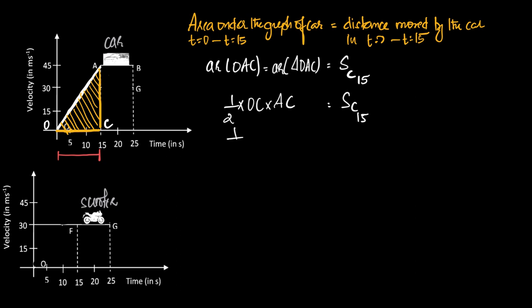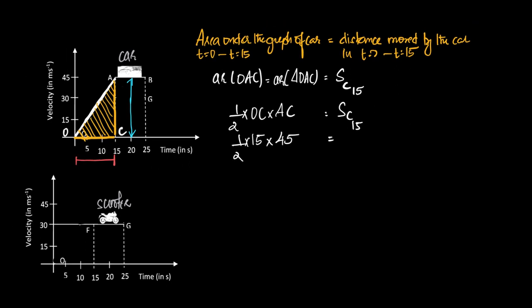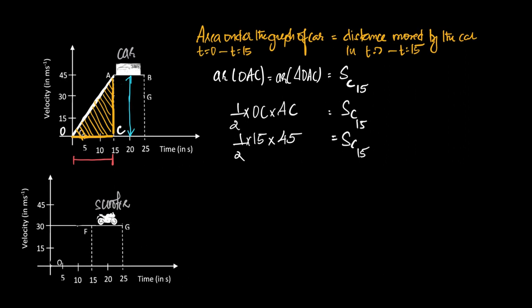So this is half into 15 into AC. AC from the figure is this much distance, which is equal to 45. So we write into 45. What is this equal to? The distance moved by the car in t equal to 15.